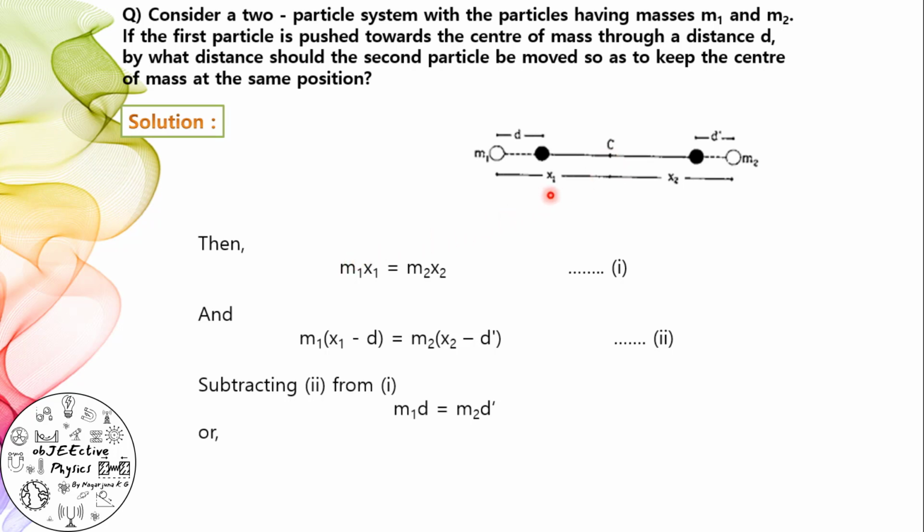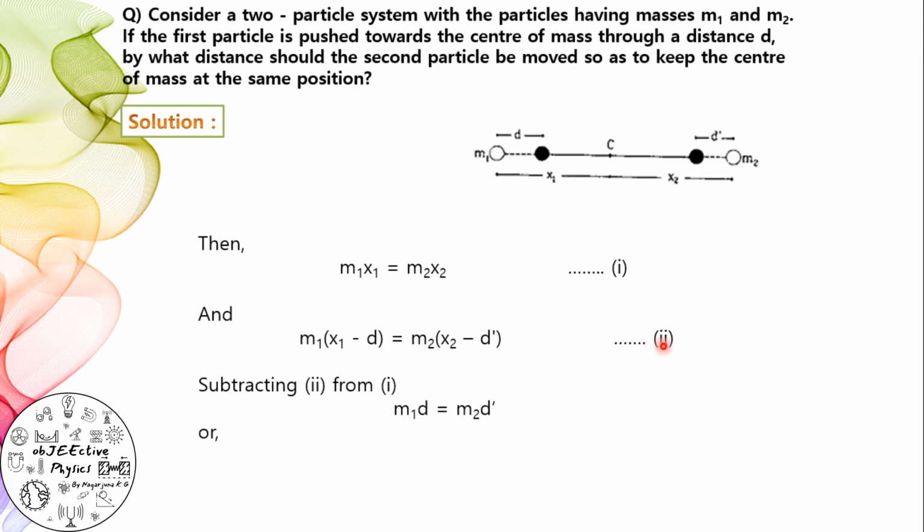We know that the distance of the center of mass from a particle is always inversely proportional to its mass. From that, we can write m1 x1 is equal to m2 x2. Let us call it equation 1. After m1 is moved by a distance d towards the center of mass, we can write m1 into (x1 minus d) is equal to m2 into (x2 minus d dash), where d dash is the distance to be moved by m2.